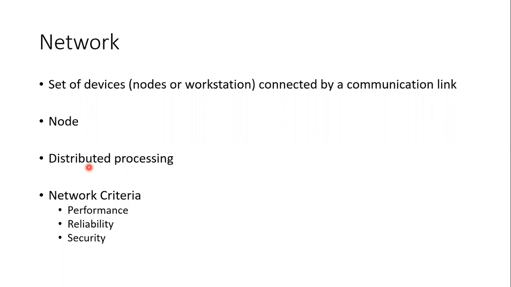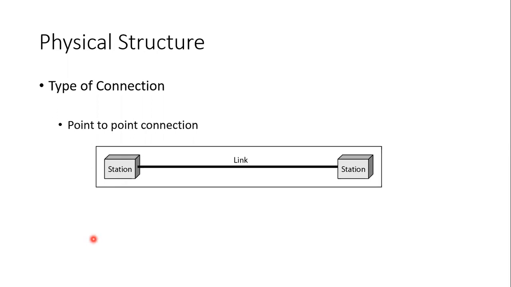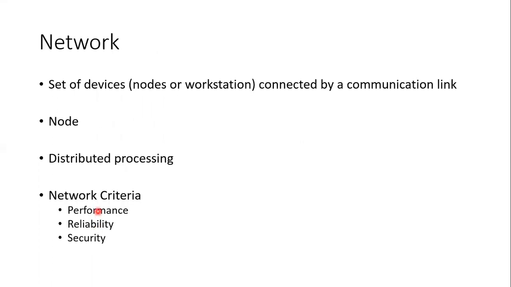Now, next one is network criteria. The following are the network criteria. That is the performance, reliability, and security. Now, let me see one by one. First one is performance. Performance can be measured in many ways.